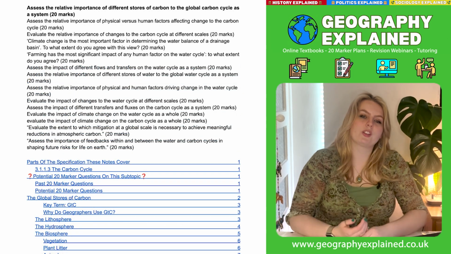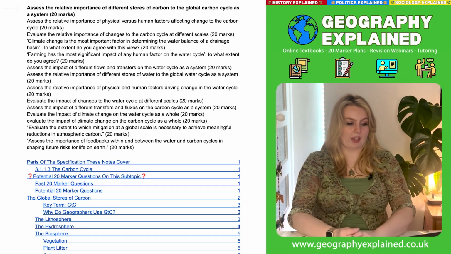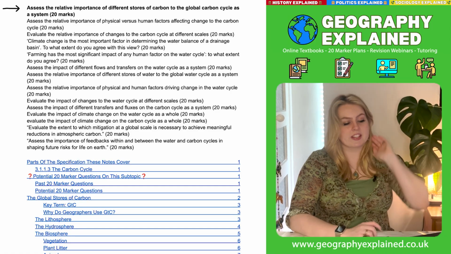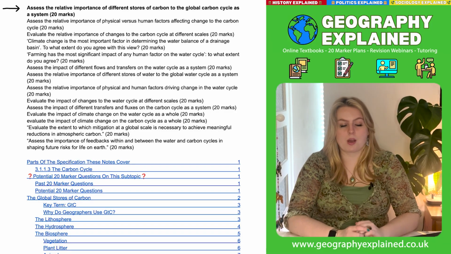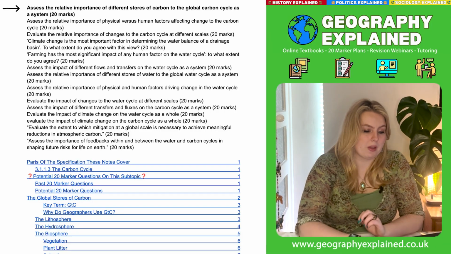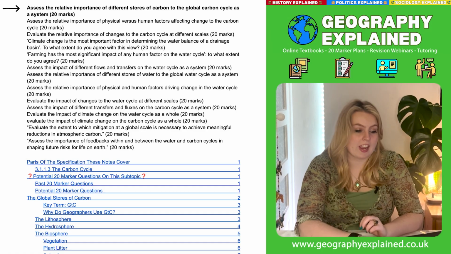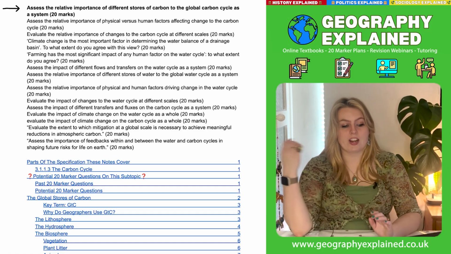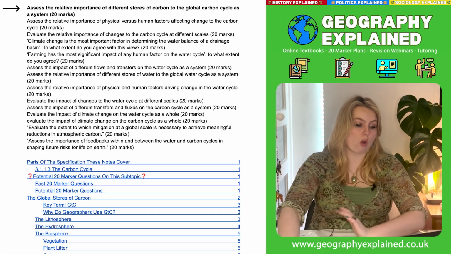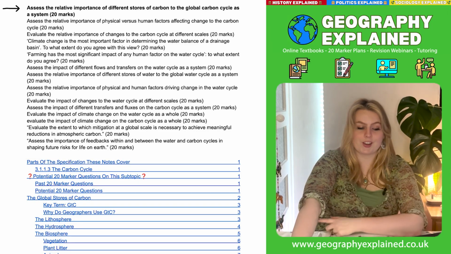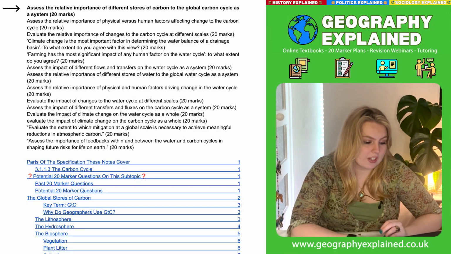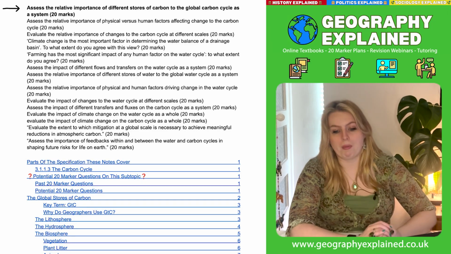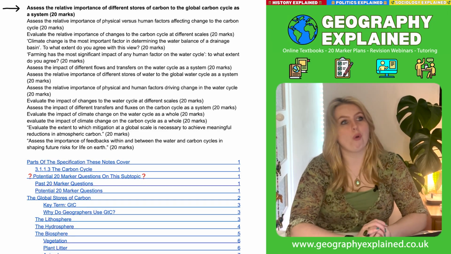So a 20 marker that you could get asked on this topic is potentially something like, assess the relative importance of different stores of carbon to the global carbon cycle as a system. This is because the specification here is literally global distribution and size of major stores of carbon, so the lithosphere, hydrosphere, cryosphere, biosphere and atmosphere. Essentially, it's quite hard to say how important one or other of the stores are.